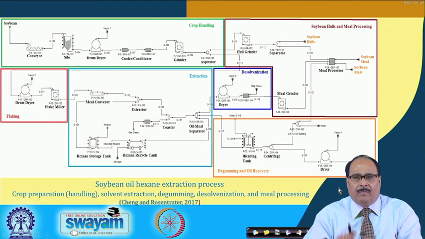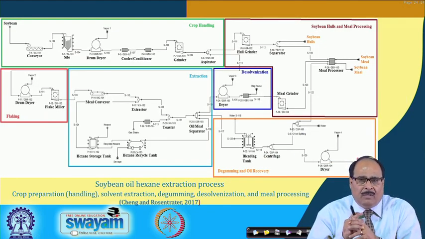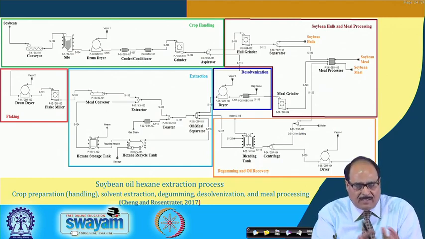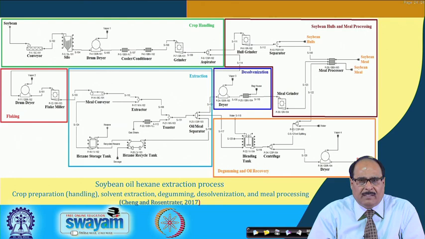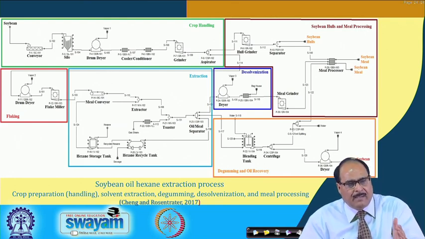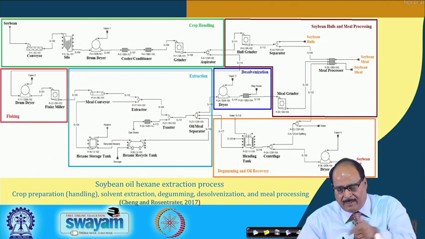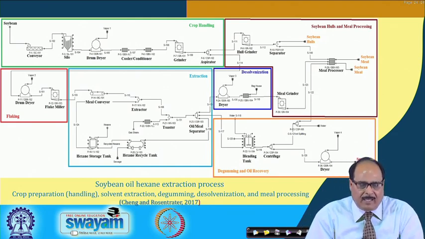Now, finally, before ending the lecture, I would just like to give you this commercial plant extraction facility, starting from the handling of the material, the whole seed, until we get the oil and meal.